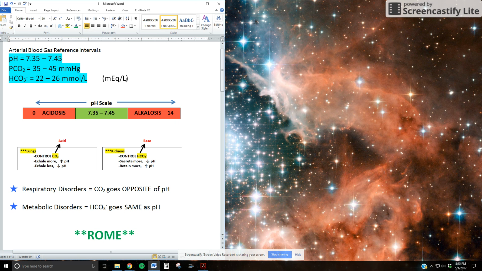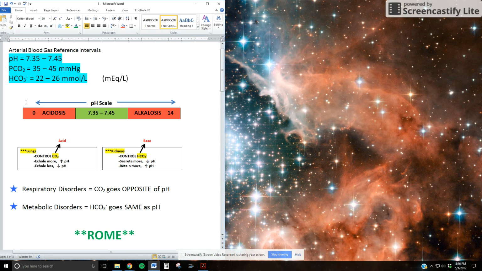I also put here milliequivalents per liter. They might give it to us in those units, but essentially they're exactly equivalent. So it can be 22 to 26 millimoles or 22 to 26 milliequivalents. So just copy those down, memorize them, set them in your brain. They'll become important in a little while.